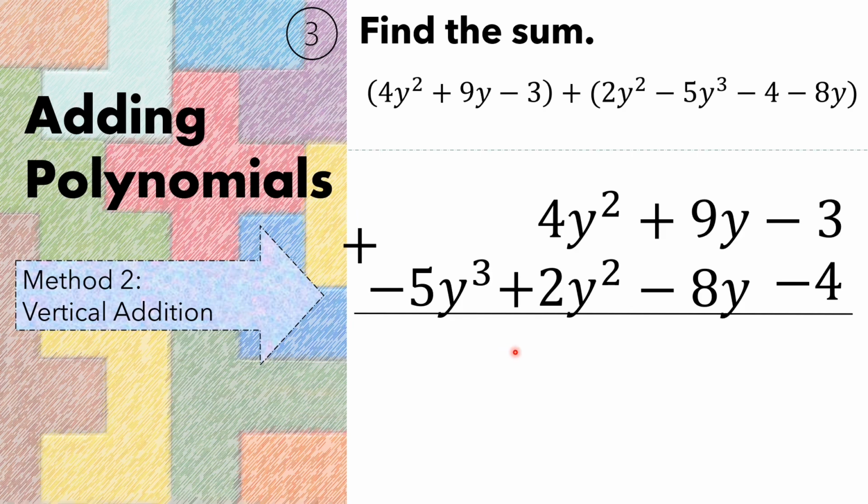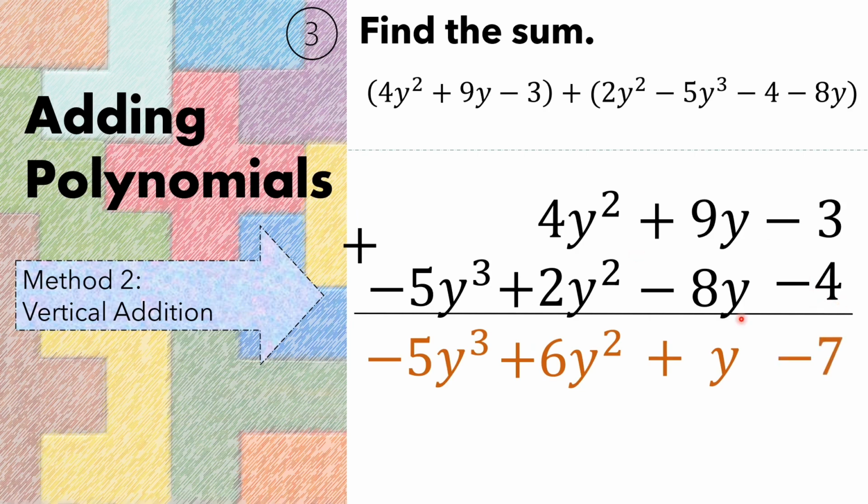Bring down negative 5y cubed, 4y squared plus positive 2y squared is positive 6y squared, positive 9y plus negative 8y is positive y. Then negative 3 plus negative 4 is negative 7. So the sum is negative 5y cubed plus 6y squared plus y minus 7.